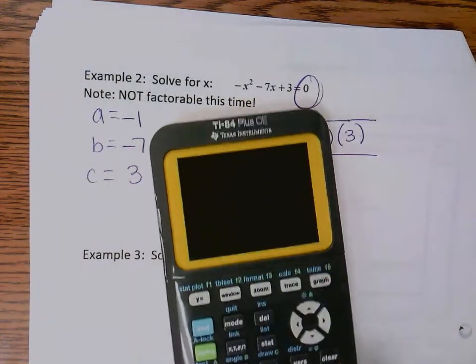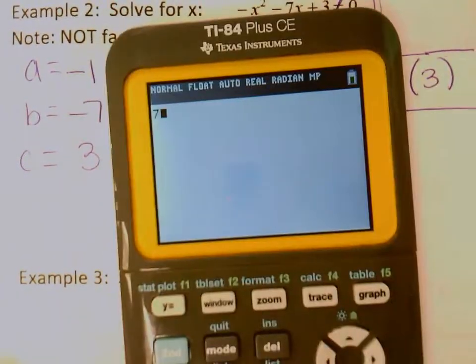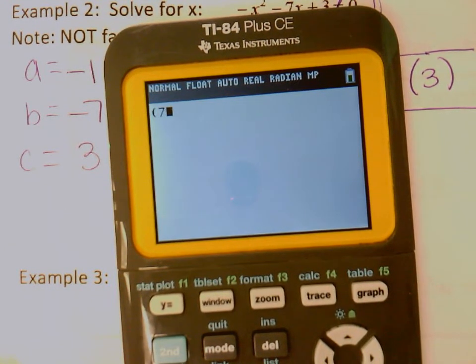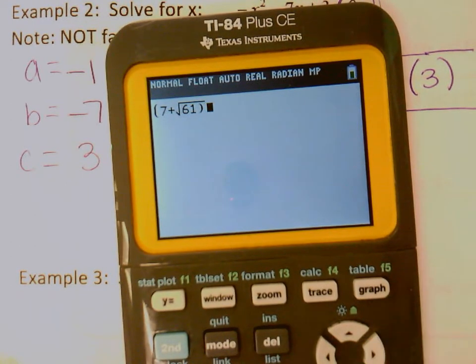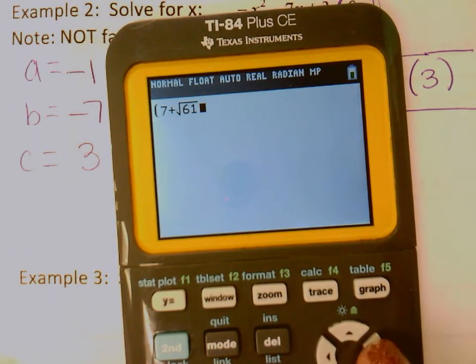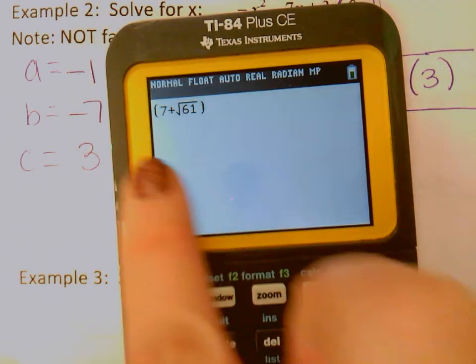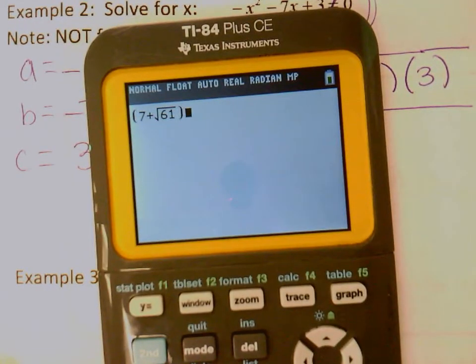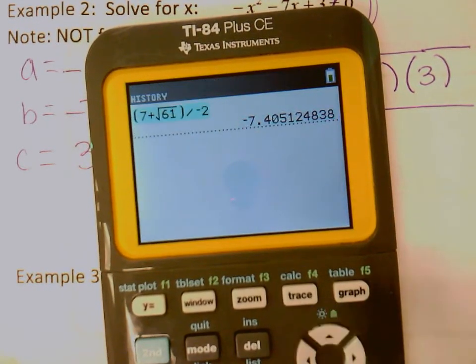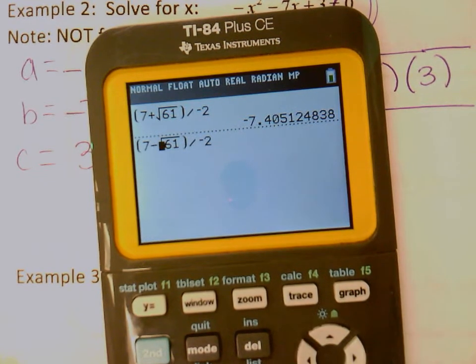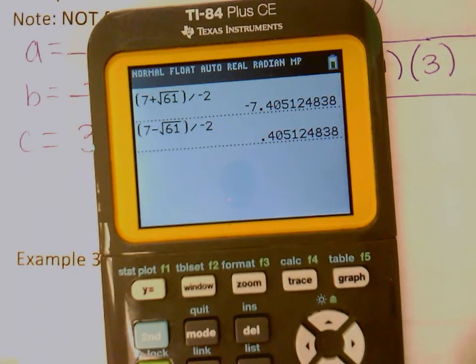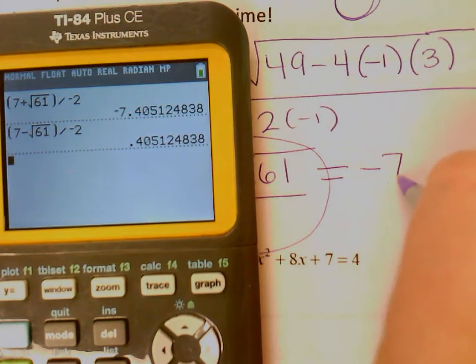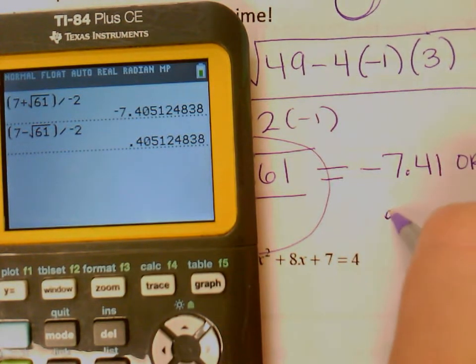So if you type it into your calculator, put it in parentheses: 7 plus the square root of 61, and I'm dividing by negative 2. And then I could just arrow up and change that to a subtraction sign: 7 minus the square root of 61 divided by negative 2. So my two x-intercepts, if I wanted to leave it in decimal form, are negative 7.41 or 0.41.